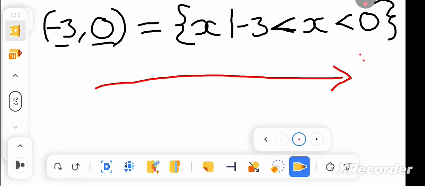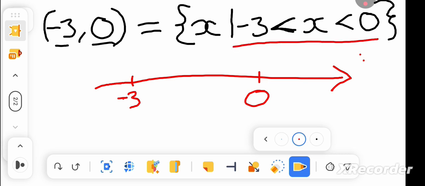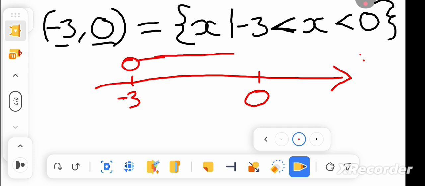So we have -3 all the way up to 0, like that. Now let's indicate our set interval on this real line. On this line, we are going to draw a line which begins with a circle from here all the way up to 0 here, like that.